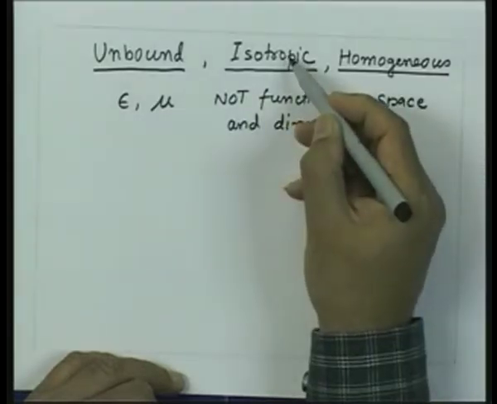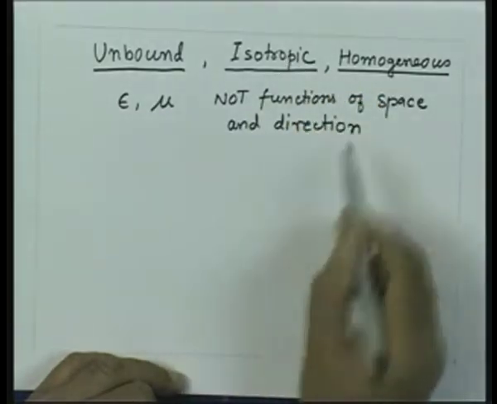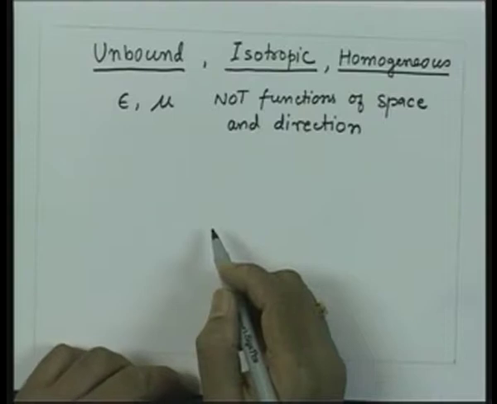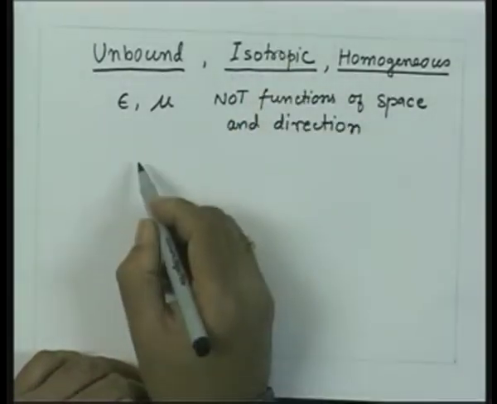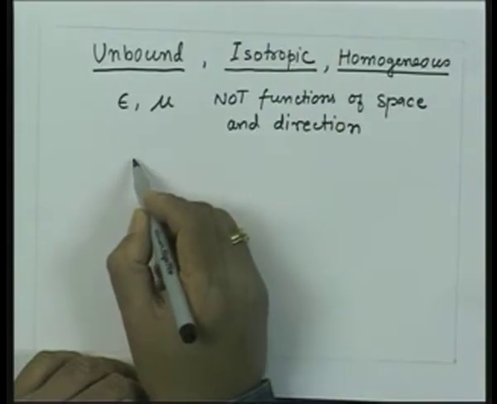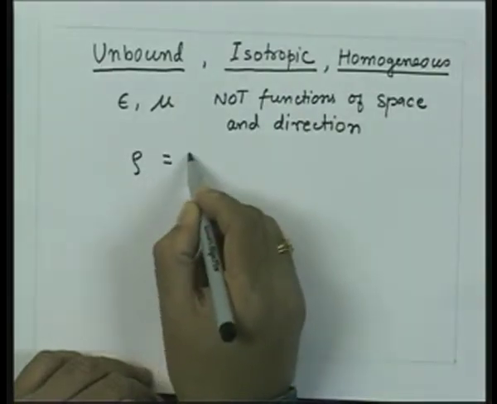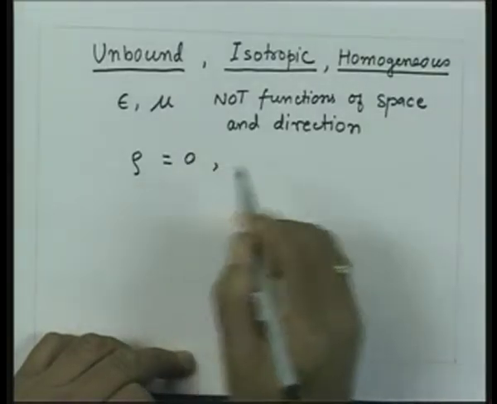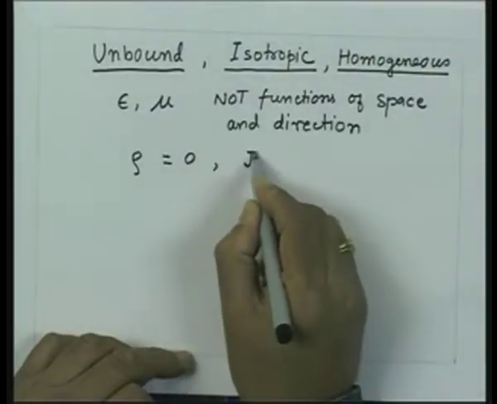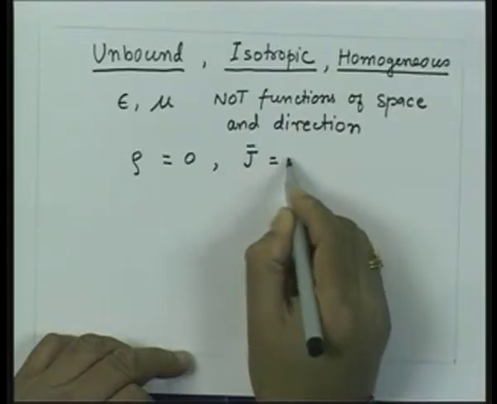The isotropic nature means that these quantities are not functions of direction. Then we assume there are no sources. So the charge density, rho, is equal to 0 in this medium. Also the current density is 0, so J is also equal to 0 in this medium.